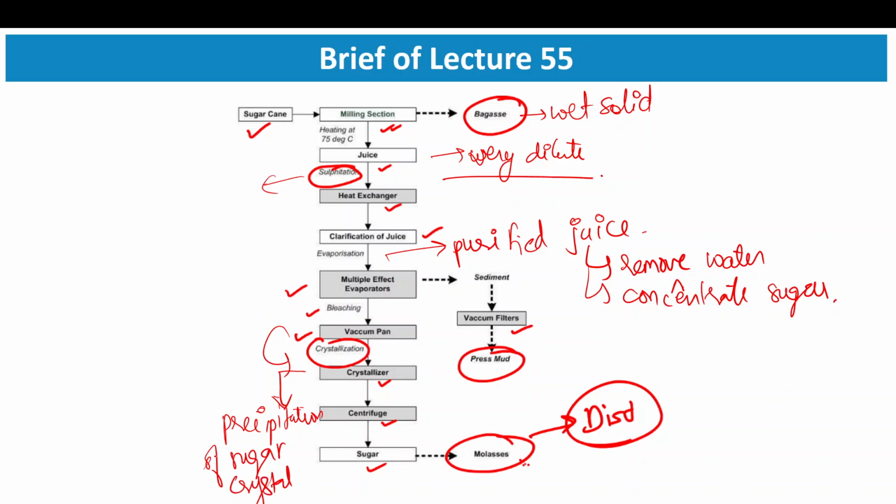Now these sugar crystals are in a liquid phase, which is sugar solution, obviously. So the sugar crystals need to be centrifuged, and at the end you will have sugar, right? So this is the process.